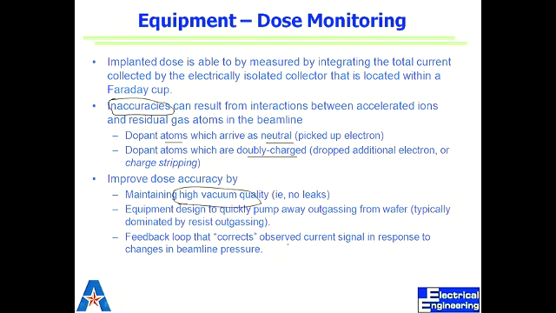What is beamline pressure? Beamline pressure loss line is the current signal response to changes. I don't know, I think this is more about how much charge is being pumped out in the beam, probably, during current signal.